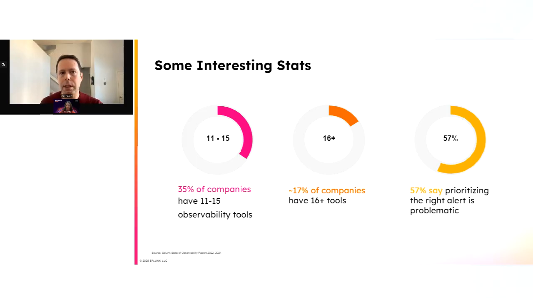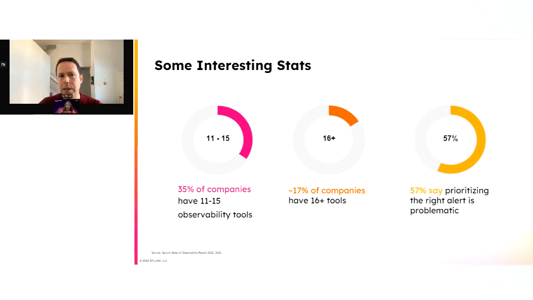The good news is that you're not alone, and this is a very common problem. So every year at Splunk, we run an analysis that's called the State of Observability, in which we interview over 1,500 IT ops staff, managers, executives, engineers, and developers and SREs.